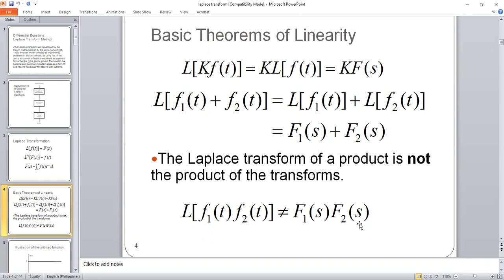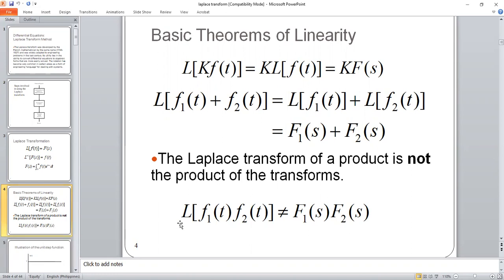What you are to do rather is convert your sine t cosine t expression using identities, so that it can be written as just one function. Then, of course, apply the appropriate formula to that single function only. So we don't have multiplication of Laplace transforms.